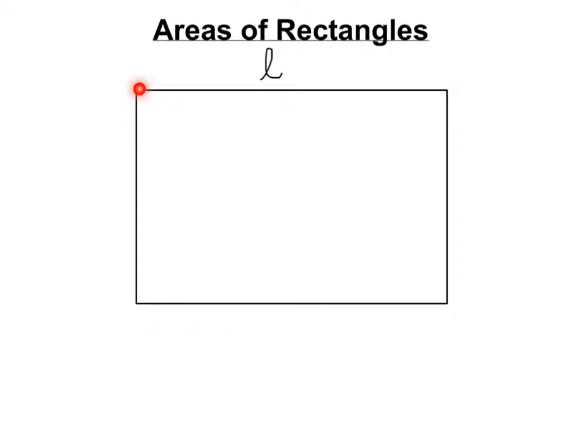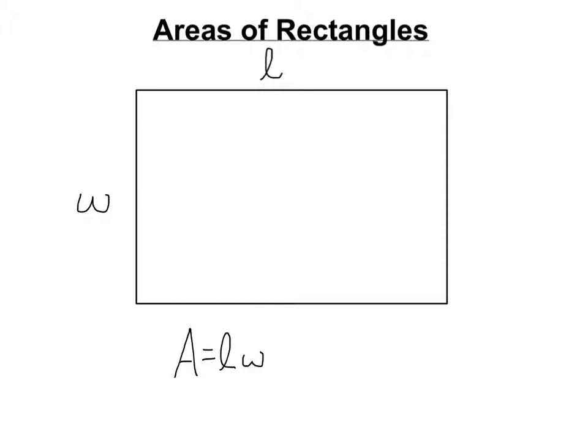And then this distance here is known as the width, and we use a lowercase w for that. And so the area of a rectangle follows the formula A equals LW, or as you've probably memorized it in a past class, area equals length times width.